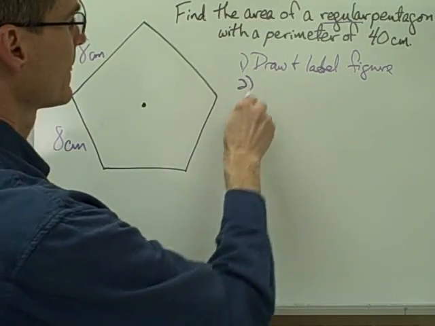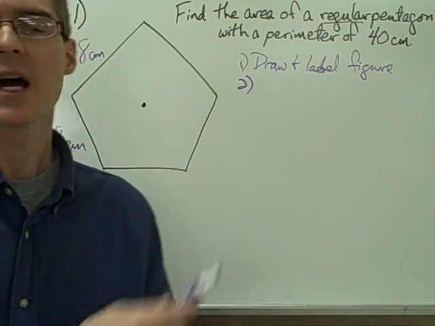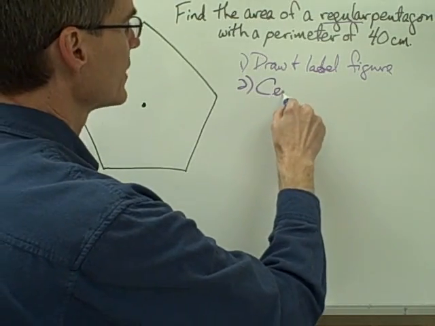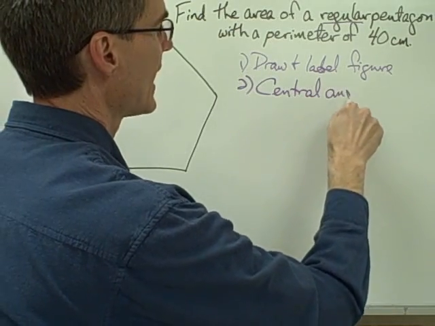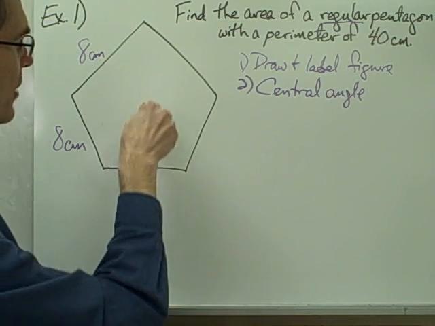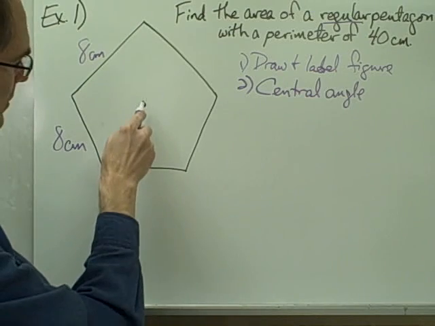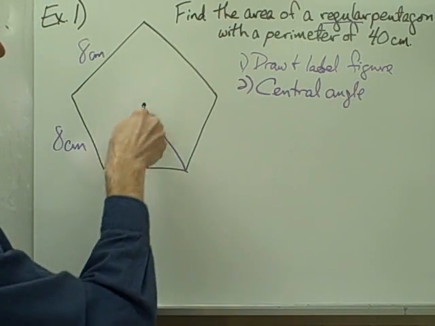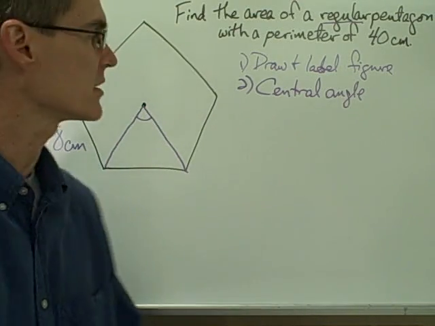All right. On every type of regular polygon, when you're trying to find the area of a regular polygon, one of the things that you're always going to want to do is find the central angle. And remember, we noted before how if we add up all of the central angles, here's the central angle right here, it's going to be equal to 360 degrees.